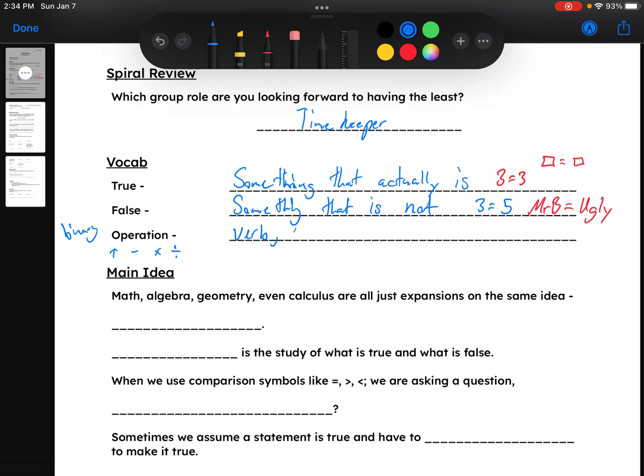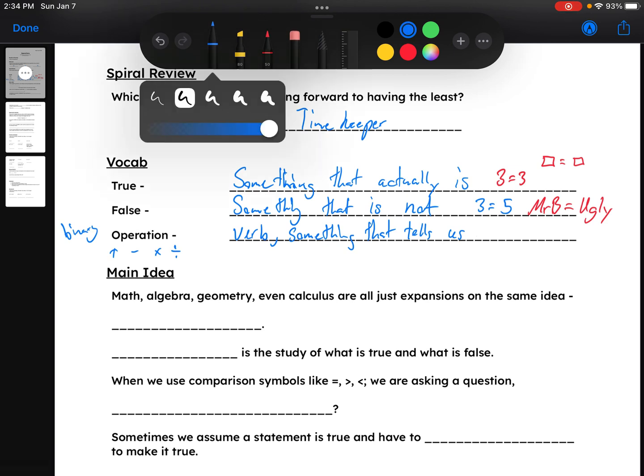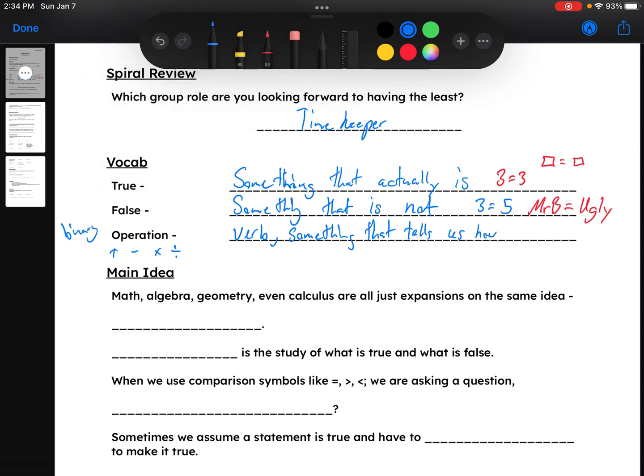It is something that tells us, or let me say it like this, tells us how two numbers interact. So it's something that tells us how two numbers interact.